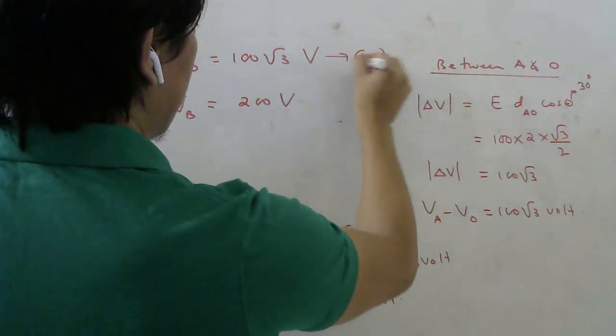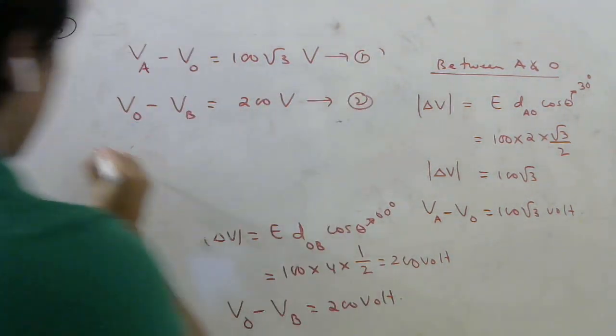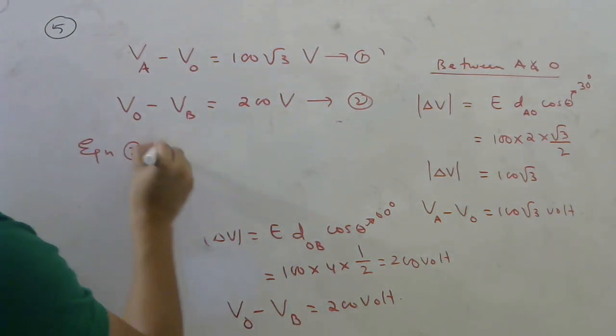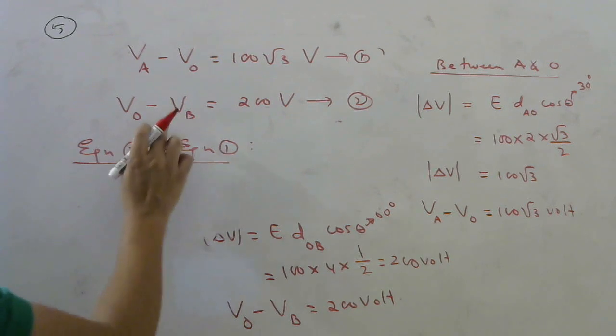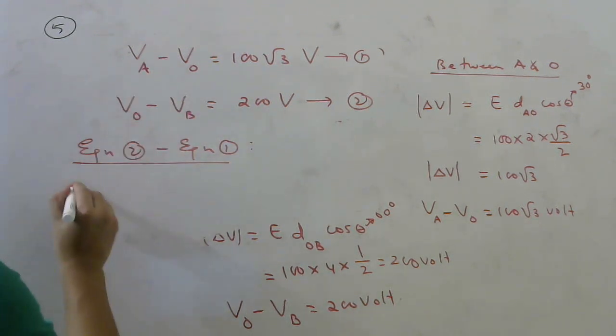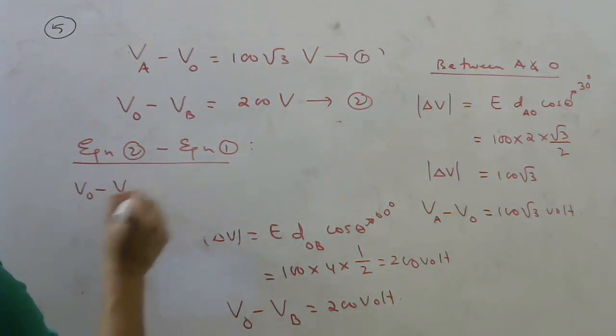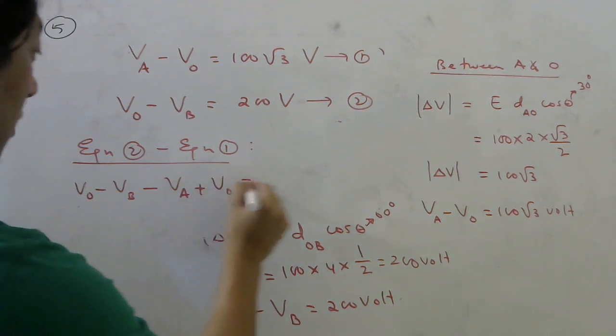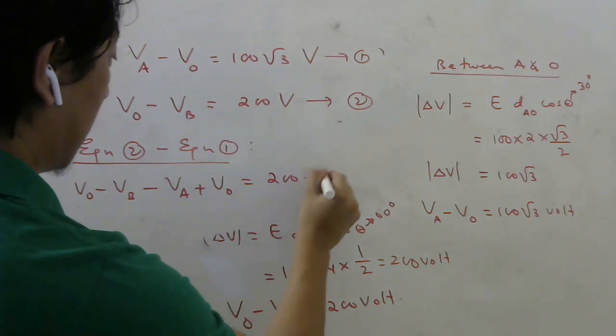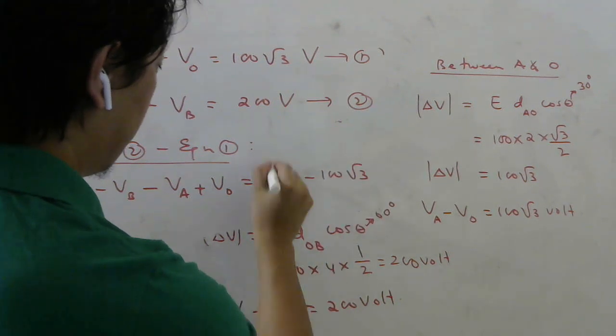Let us say this is equation 1 and this is equation 2. So equation 2 minus equation 1. Equation 2 is this, minus this. So it will be VO minus VB minus VA plus VO, and here it will be 200 minus 100 root 3.